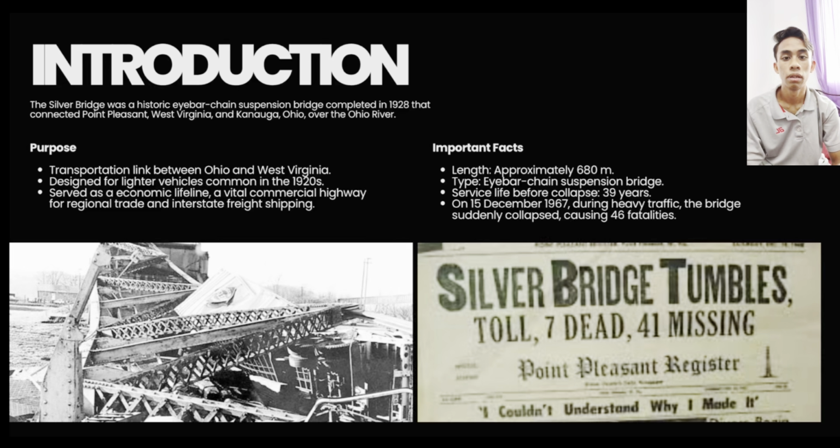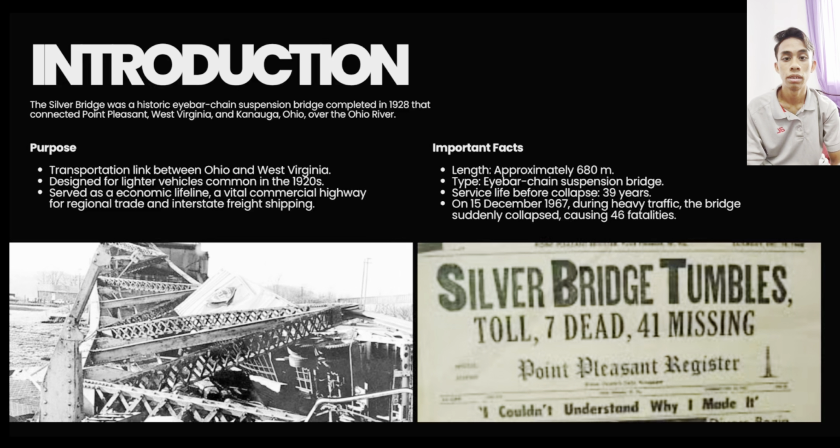At the time, the bridge played a significant role in supporting the movement of people, vehicles, and commercial goods. It was considered an important part of the local economy because it facilitated trade and transportation across the river. For many years, the bridge served as a major connection for daily commuters and freight transport.